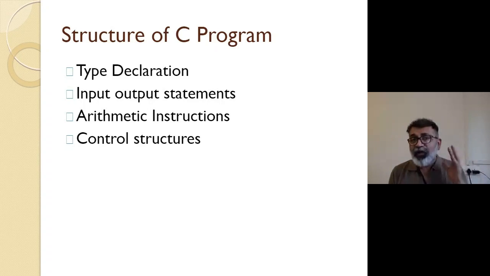So that is one part of any C program. Then the second part is input output statements. There are various statements in C language. Statements are terminated by a semicolon, most of the statements, excluding control structures.